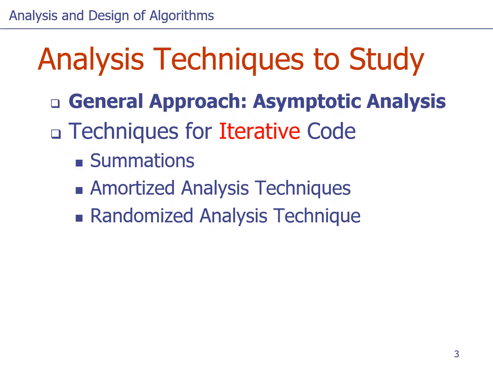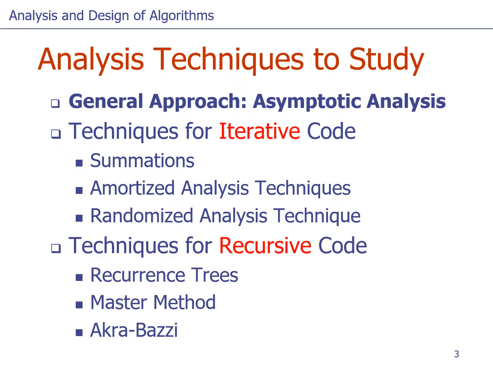So for that, we will learn a topic called randomized analysis, where you talk about the performance of the algorithm in a probabilistic sense. And then we will see 3 more techniques for analyzing recursive code. These are recurrence trees, master method, and a theory called the Akra-Bazzi theorem.